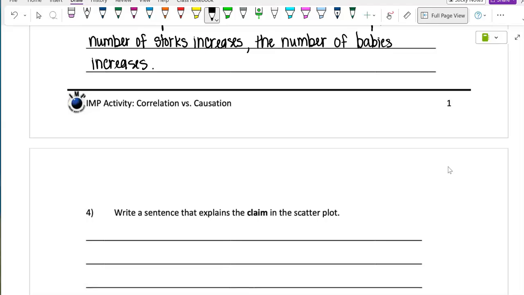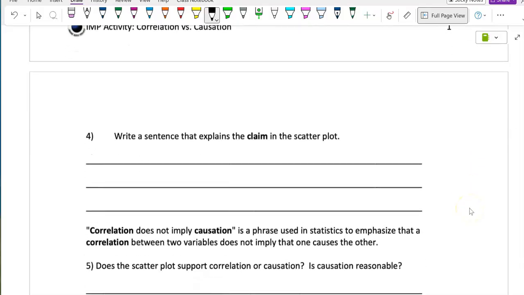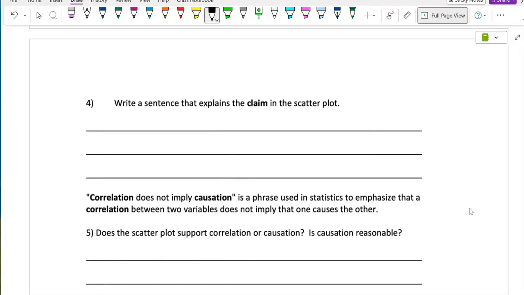Again, the claim is usually that the independent variable is causing the dependent variable. So in this case, what would that claim be based on our variables? Yes, Lila.